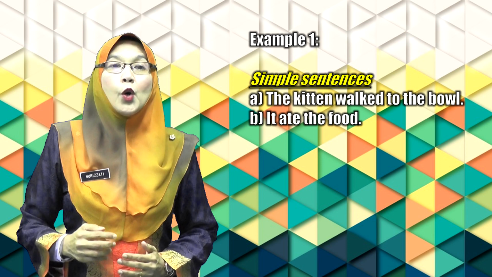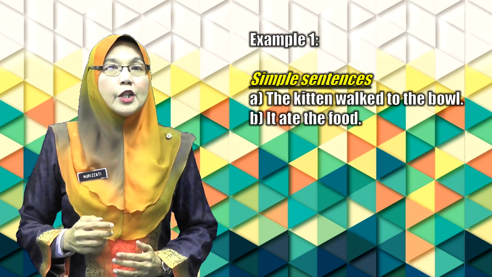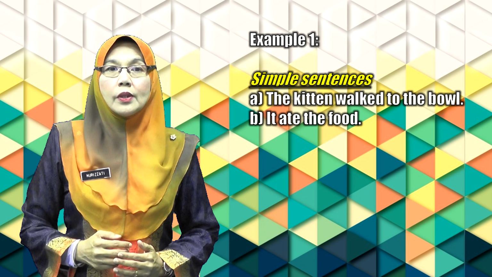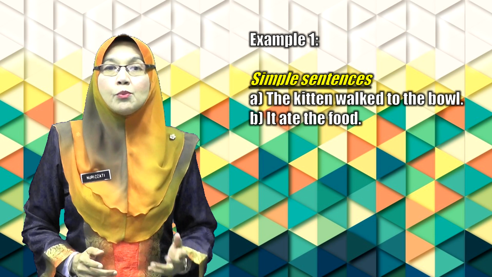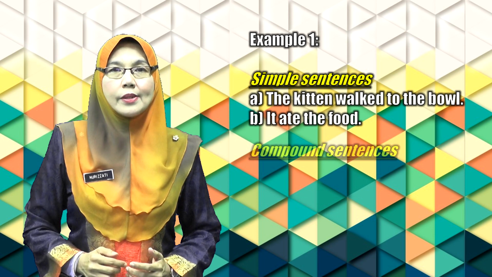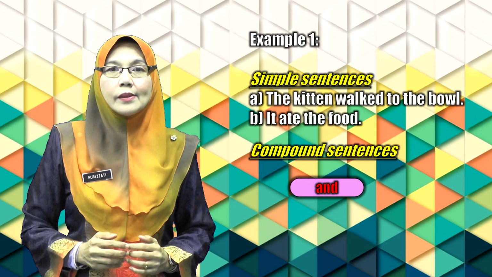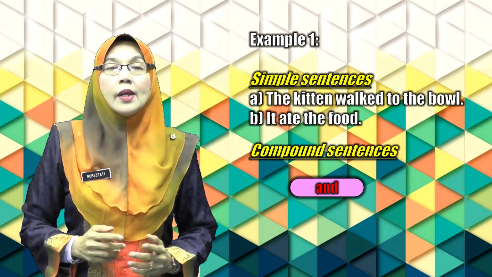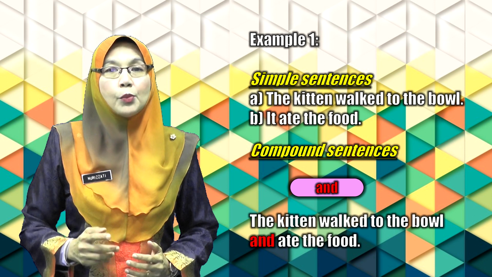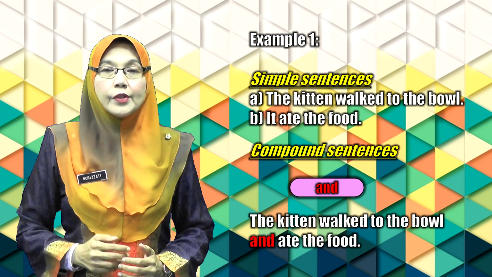Example number 1. The kitten walked to the bowl. It ate the food. You may join the two simple sentences to make it a compound sentence using the conjunctions word and. The compound sentence would be: the kitten walked to the bowl and ate the food.